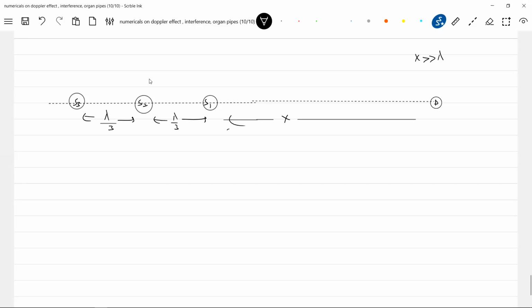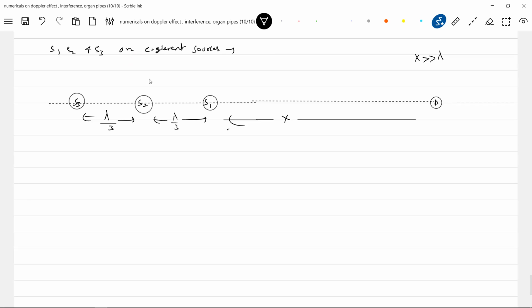All sources are coherent sources, S1, S2, S3. They'll vibrate together. I want the intensity at point P.